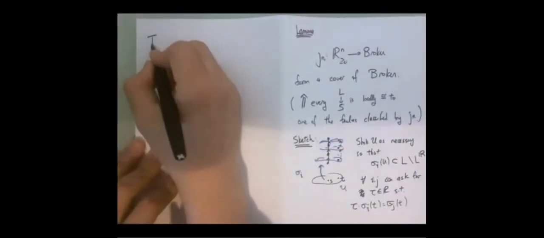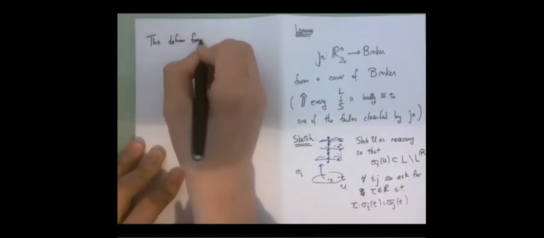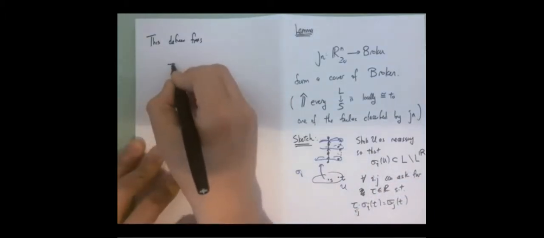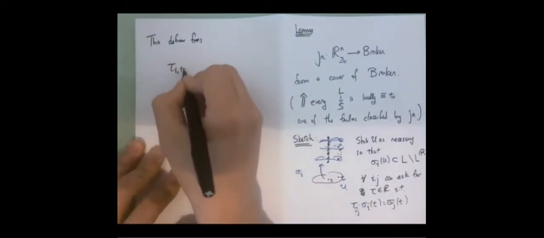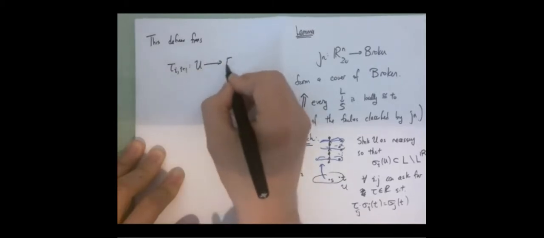So what this defines are functions. Let me call this tau ij. What this actually defines are functions tau i, i plus 1 from this neighborhood to the extended real line.